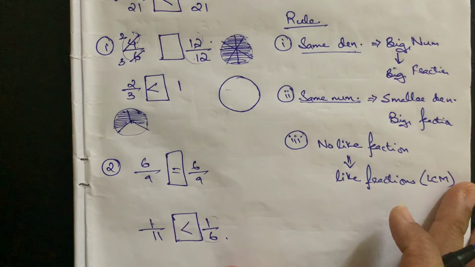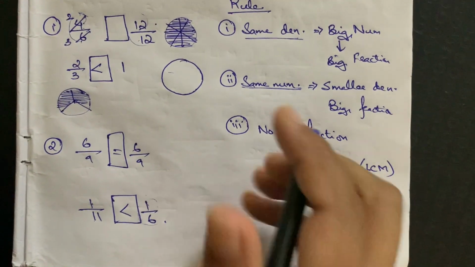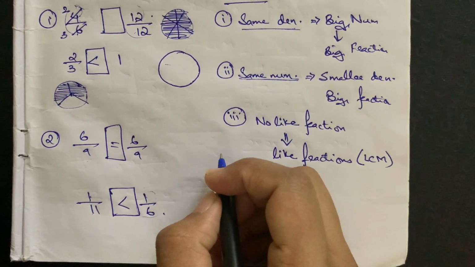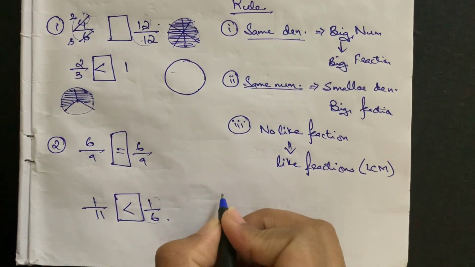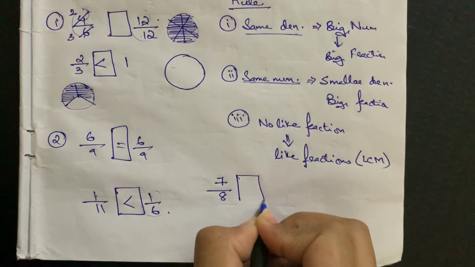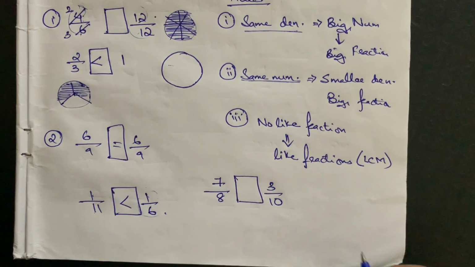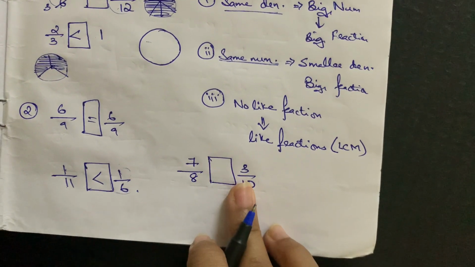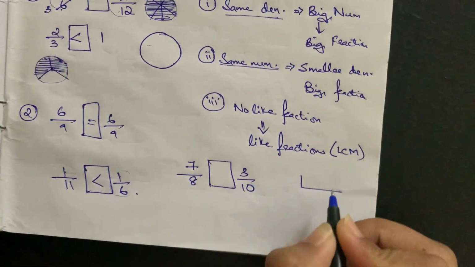Now I have another one, 7 upon 8 and 3 upon 10. Now I will take the LCM.